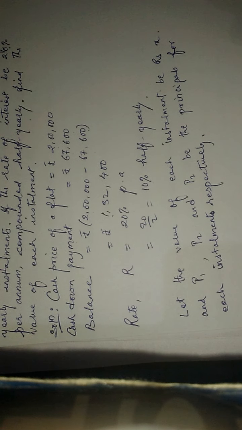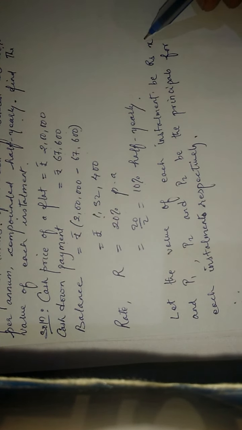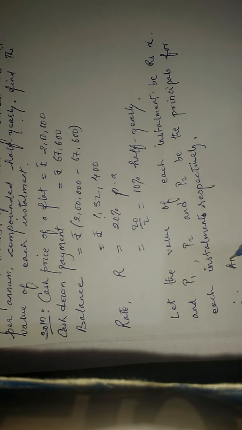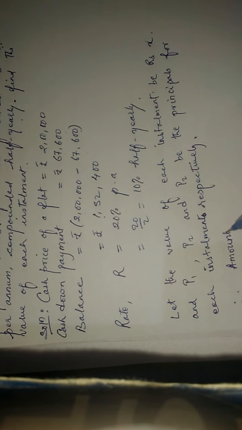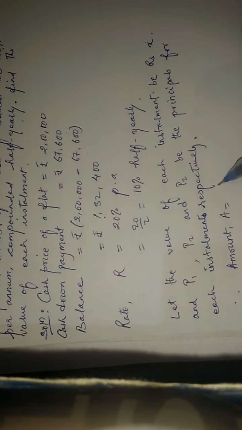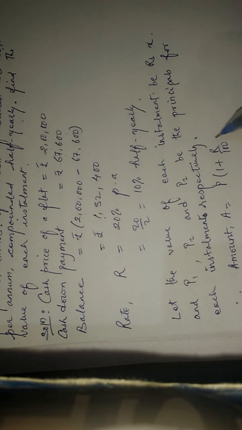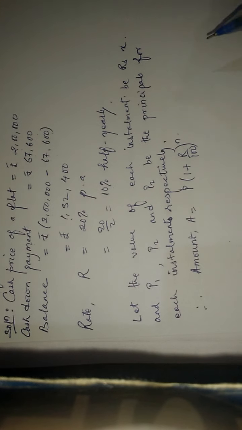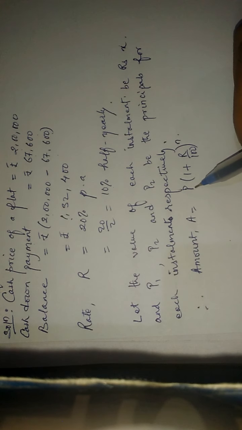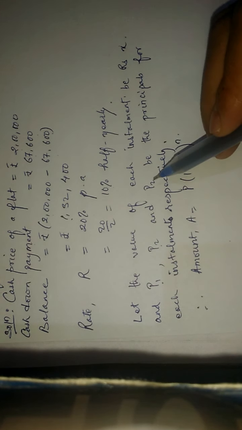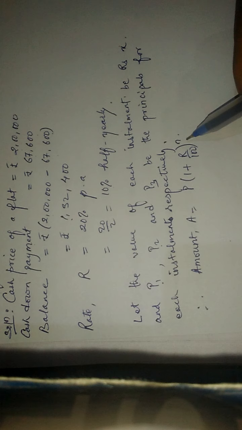Therefore, as I said in the earlier videos, x is our amount. Amount A is given by P times 1 plus R by 100 to the power n. If it is P1, n value will be 1, if it is P2, n value will be 2, and if it is P3, n value will be 3.